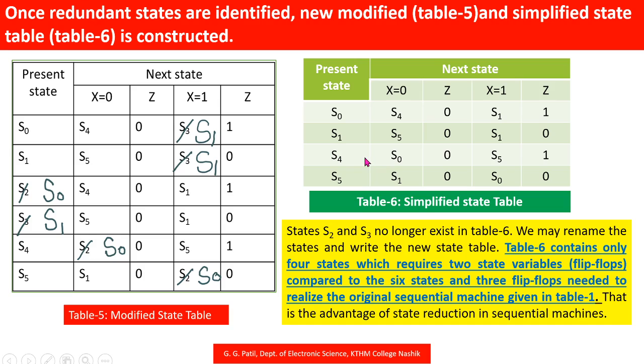Once equivalent states are found, just prepare the simplified state table and we can draw the state diagram. So that is the equivalence class method of state reduction. Thank you.